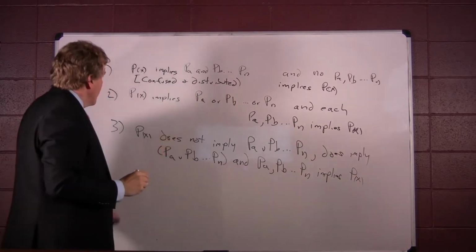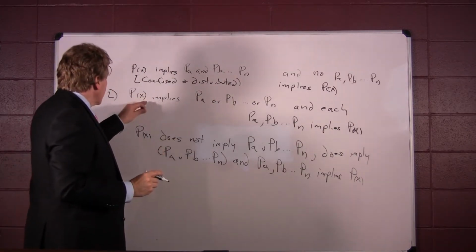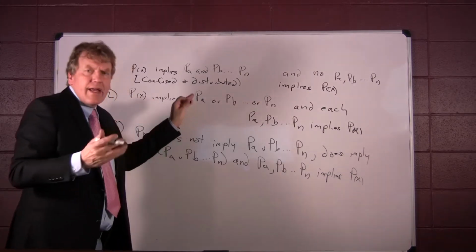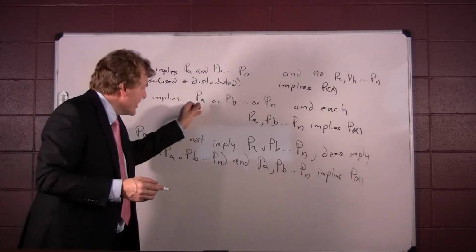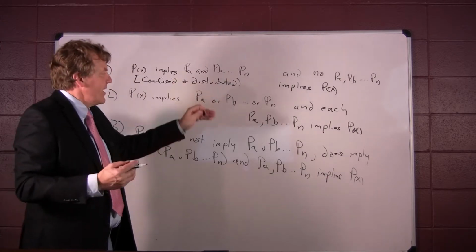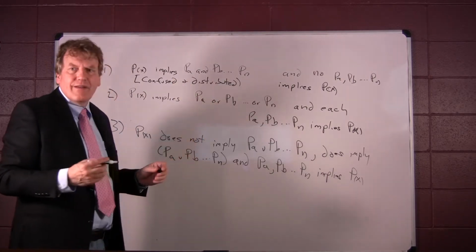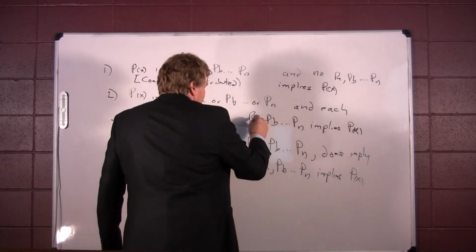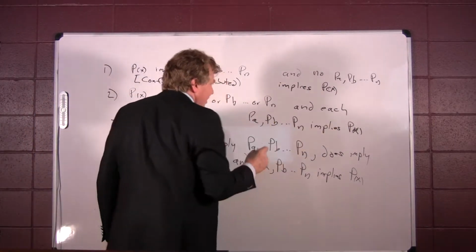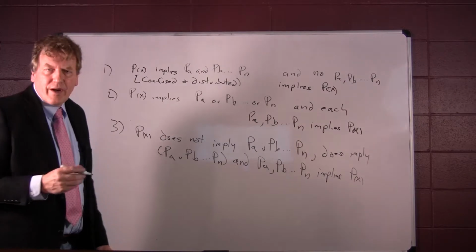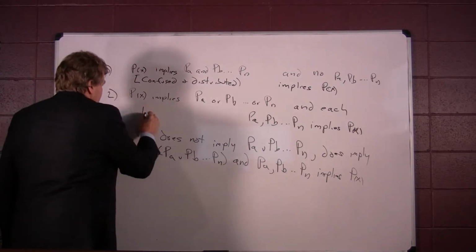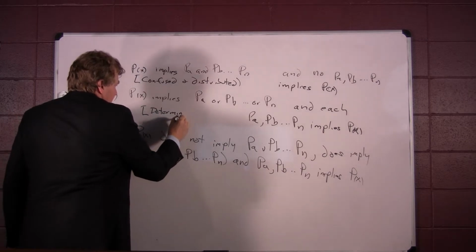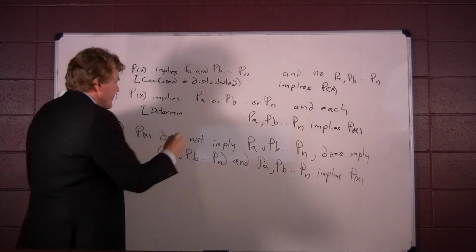Now, if saying that something X has the property P implies that A has it, or perhaps B has it, or C has it, up to N has it, and each and every thing that has it implies that some X has it, we are now talking about determinate supposition.